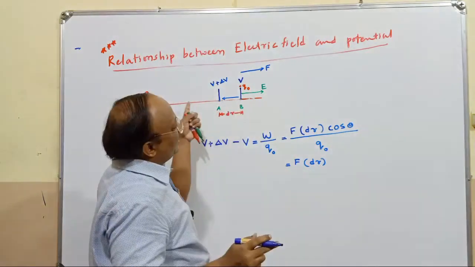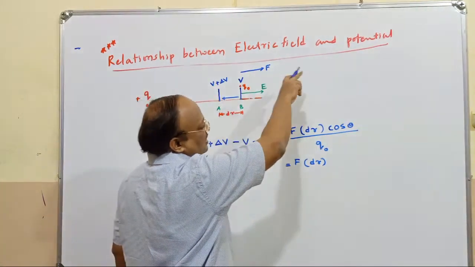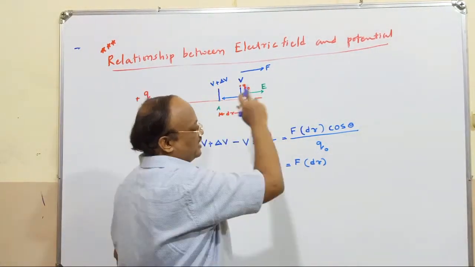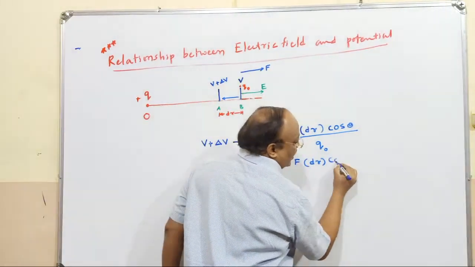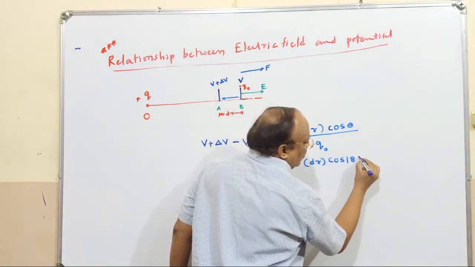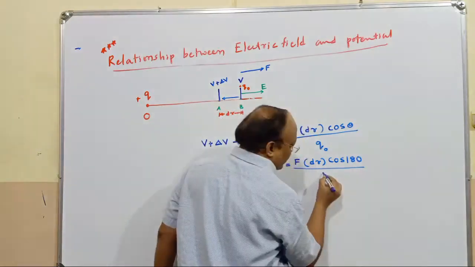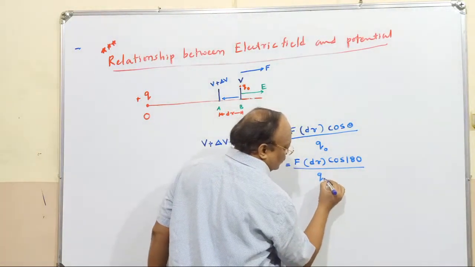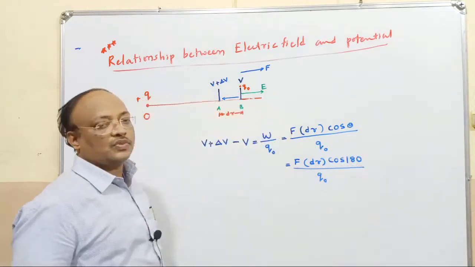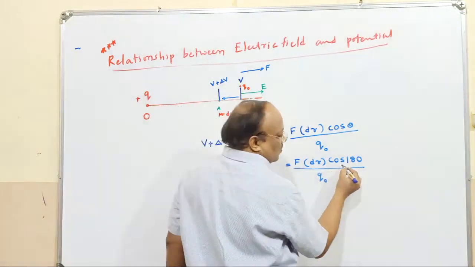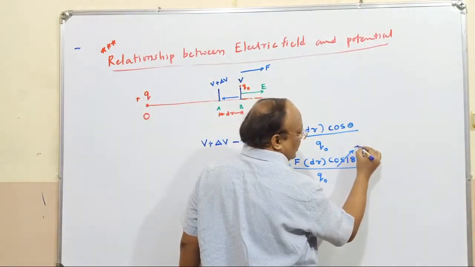The displacement is in this way, whereas the force due to the electric field is in the opposite direction. Therefore, it is cos 180, divided by Q naught. This cos 180 value is minus 1.